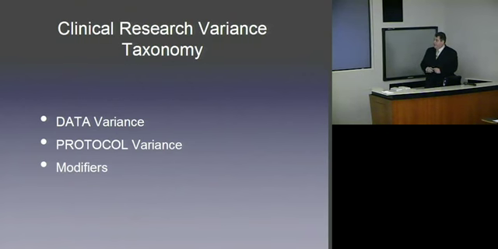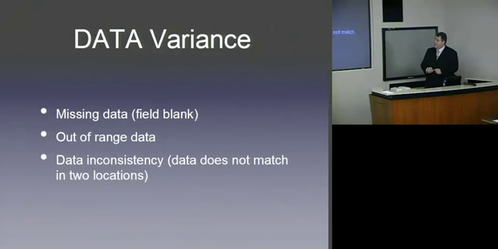The variance taxonomy we've broken down into 3 areas: data variances, protocol variances, and then modifiers. Just to give you a high-level introduction to the taxonomy, the data variances included missing data where the field was left blank, out-of-range data, which was an unexpected number in one of the fields, or inconsistency, where information didn't match up in 2 locations.